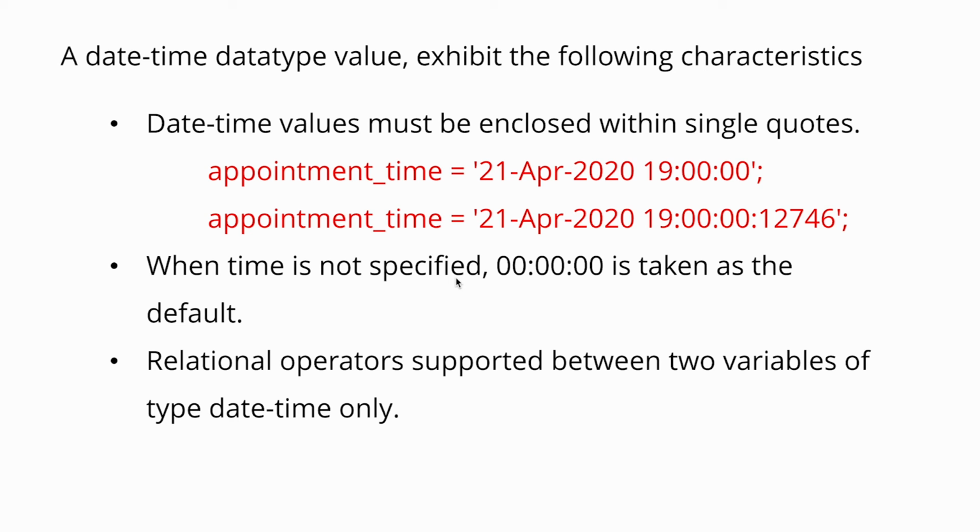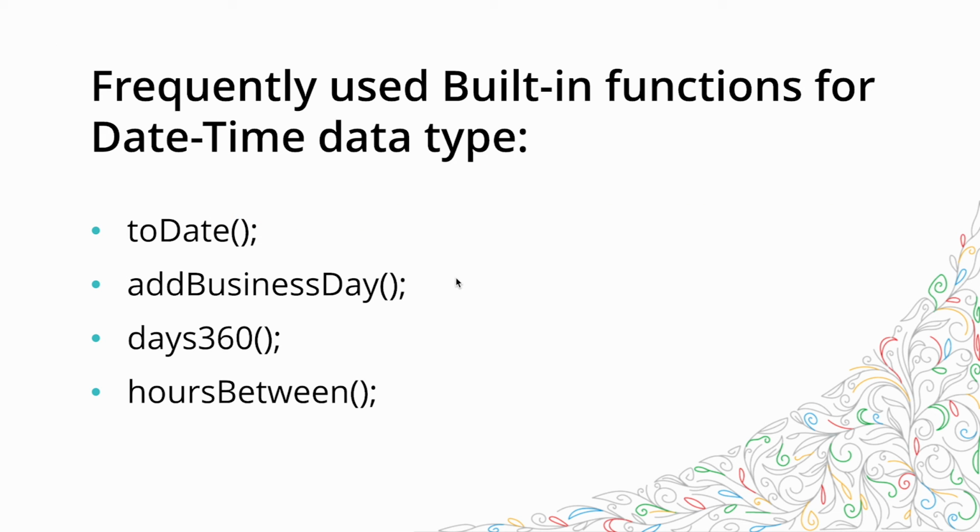If nothing is specified, by default it takes the value of 0 0 0 at all the points. It supports various date formats. We can get the format of the date which is being used in our application from the settings. Under settings, we have the time settings where we are provided with various options, and we can choose the format in which we want to handle the date format.